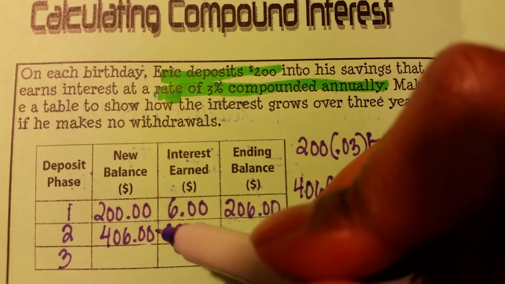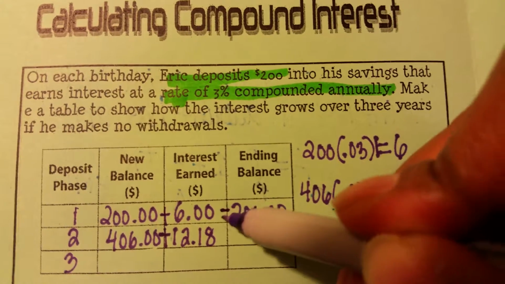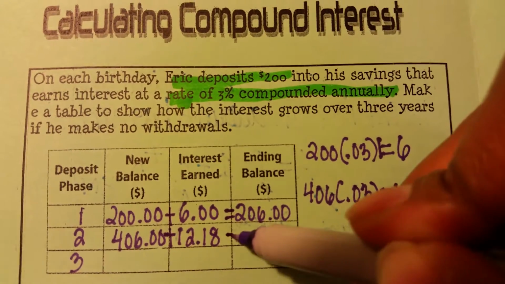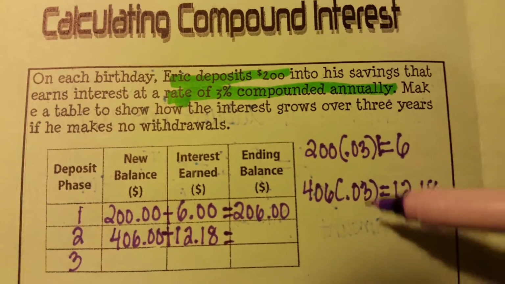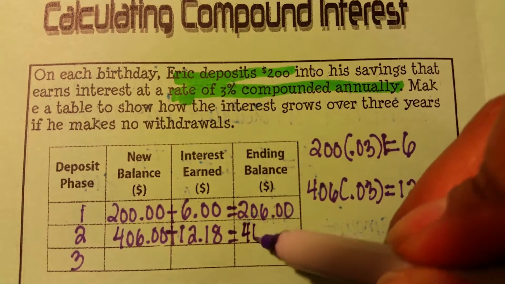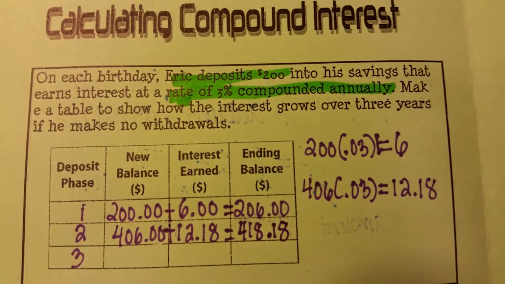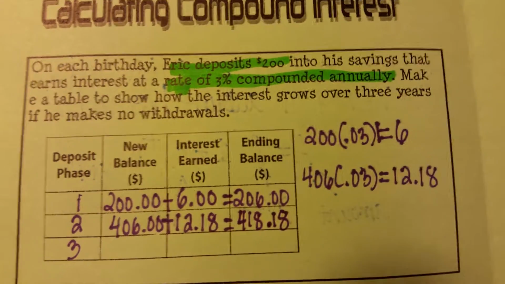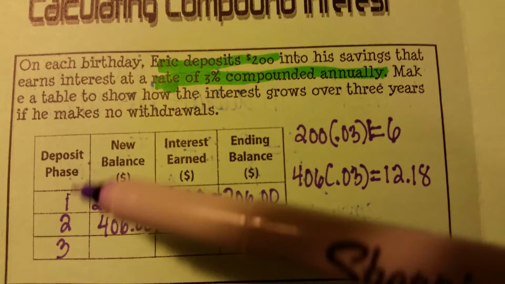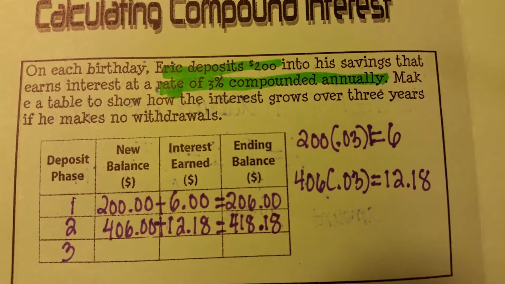So I'm going to add this column plus this column, which is going to give me this one. Okay, so now I'm going to get 418.18. Okay, so now what I want you to do with your partner is I want you to figure out what his deposit phase would be for year 3.